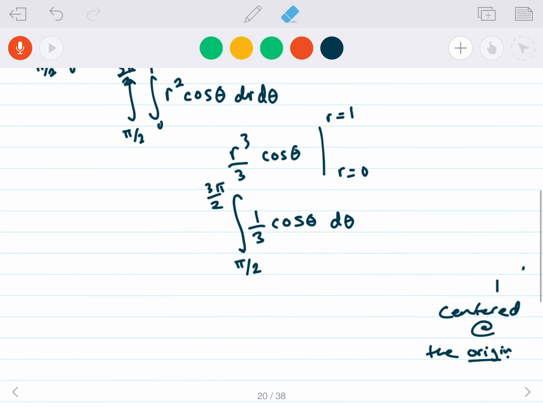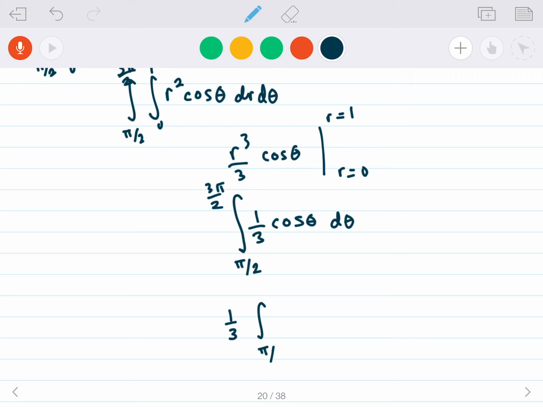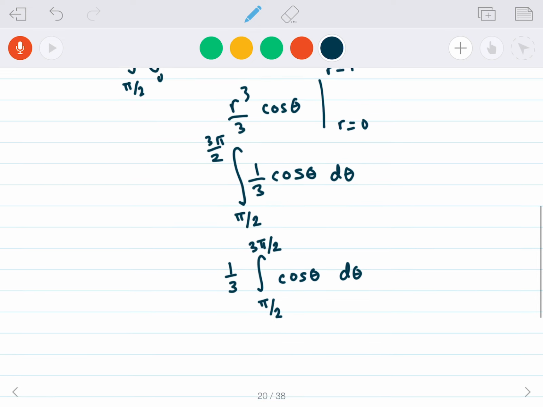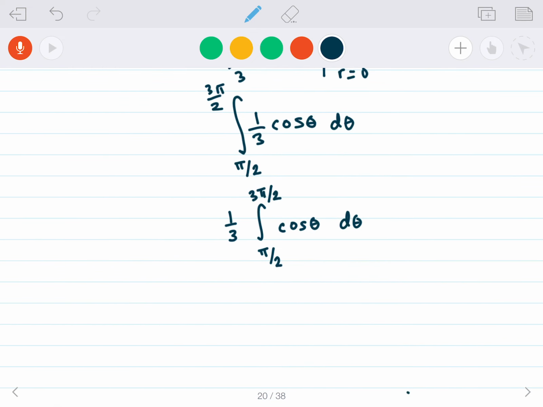Now I can go ahead and pull out that 1/3 in the front. If I integrate cosine d theta, what do I have to differentiate to get cosine? Well, sine. So that's going to be my answer there.